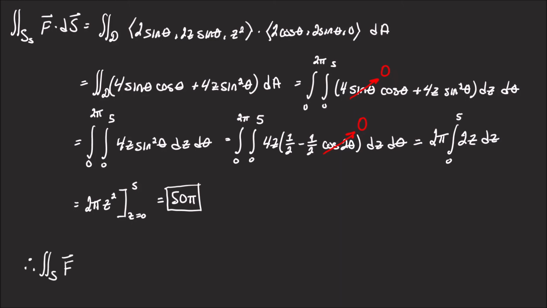So the total surface integral of F through S is the surface integral through the front minus the surface integral through the back plus the surface integral through the sides, and we wind up with 150 pi. Right, now all we have to do is show that the triple integral over W gives us the same thing.